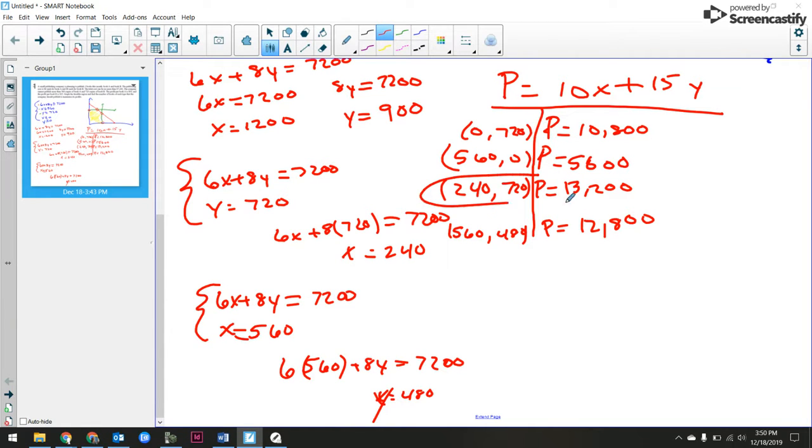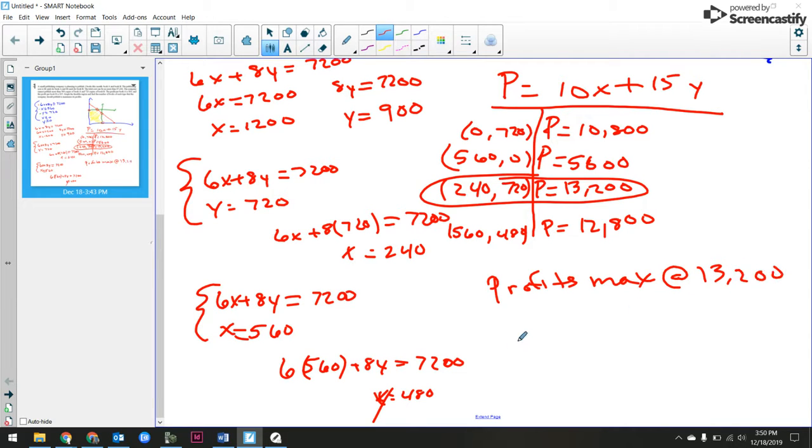So the one that maximizes my objective function is that one: profit maxes at $13,200 with 240 of Book A and 720 of Book B.